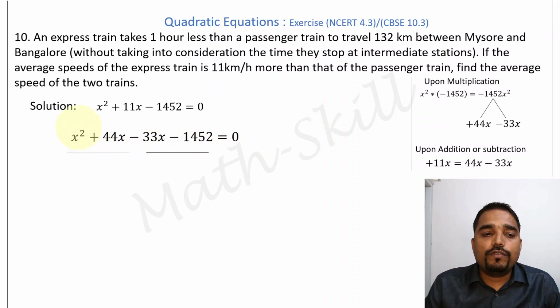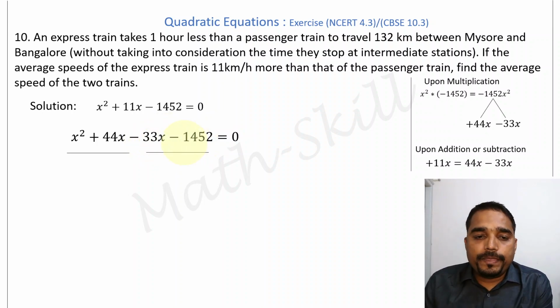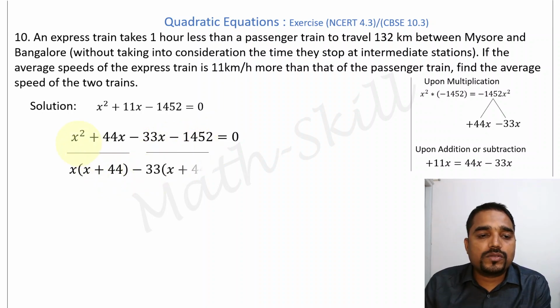From x square and 44x, x is common, and we are left with x plus 44. Similarly, if I take minus 33 common, we are left with x plus 44 within the bracket, equal to 0.